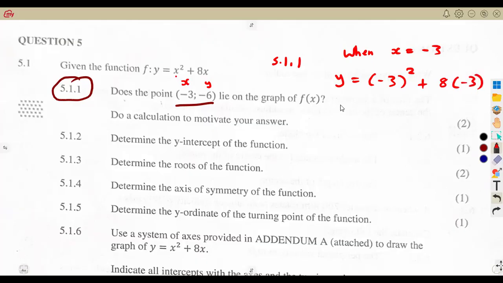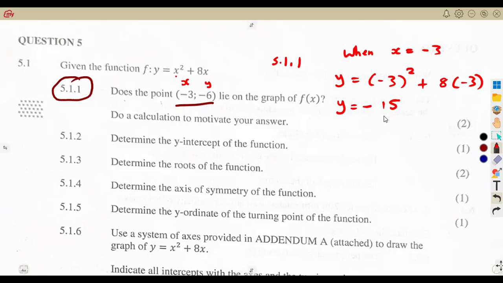In place of x, remember, you are substituting a -3. Multiplying these, we simplify this on the calculator. You are going to obtain -15.